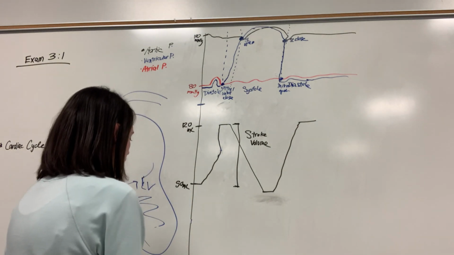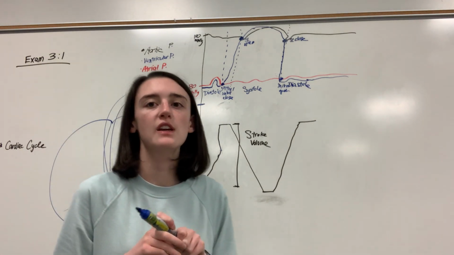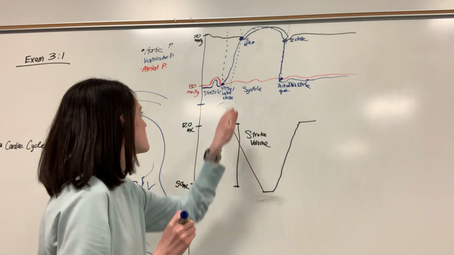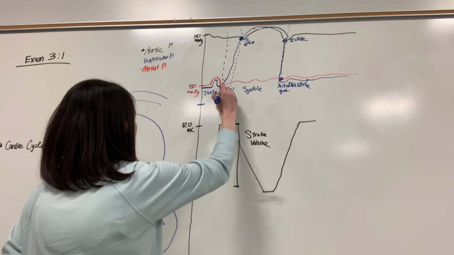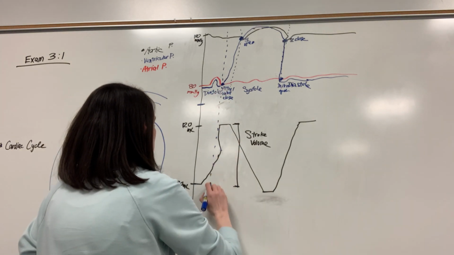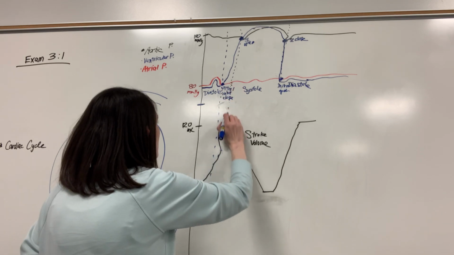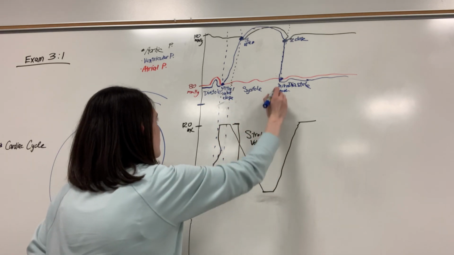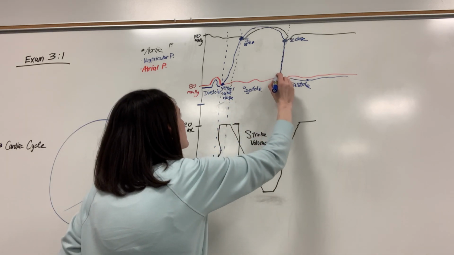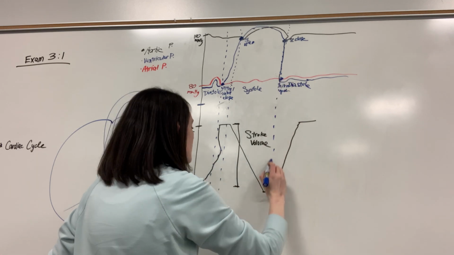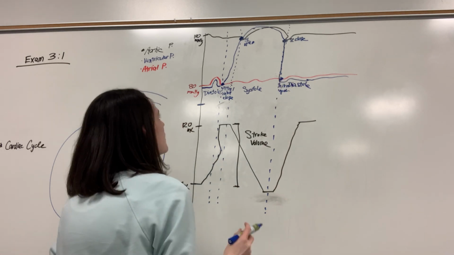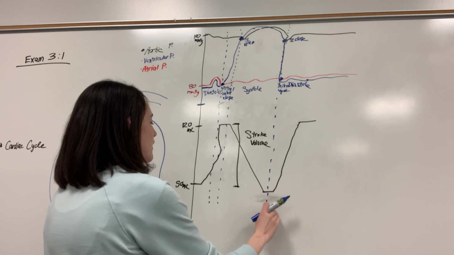The second thing I want to go over is the EKG and how it is read in terms of what is happening in this cardiac cycle here. So I'm going to draw these lines a little bit further down to give more clarity on what's happening. So this is going to be our dicrotic notch line.